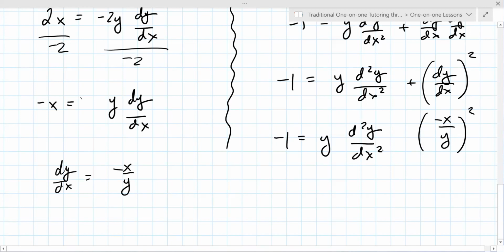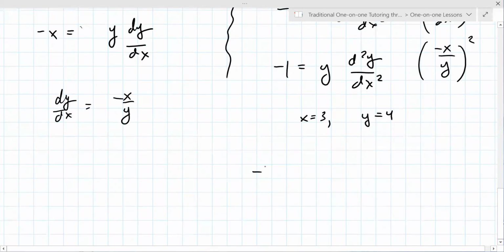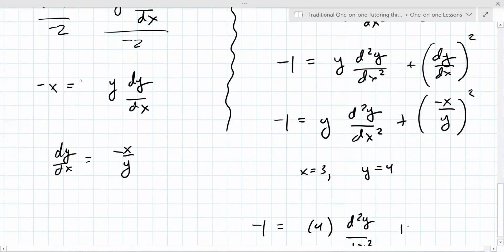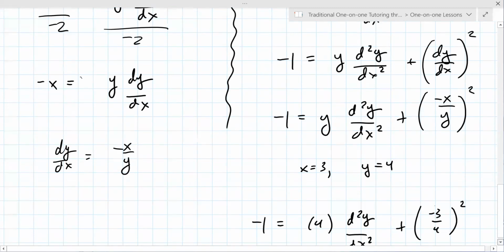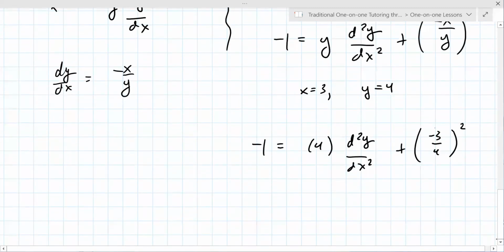This is probably the point where I would plug in numbers. X is 3 and y is 4. These are given. So -1 equals 4 d squared y over dx squared plus -3 over 4 squared. So that's 9 over 16.